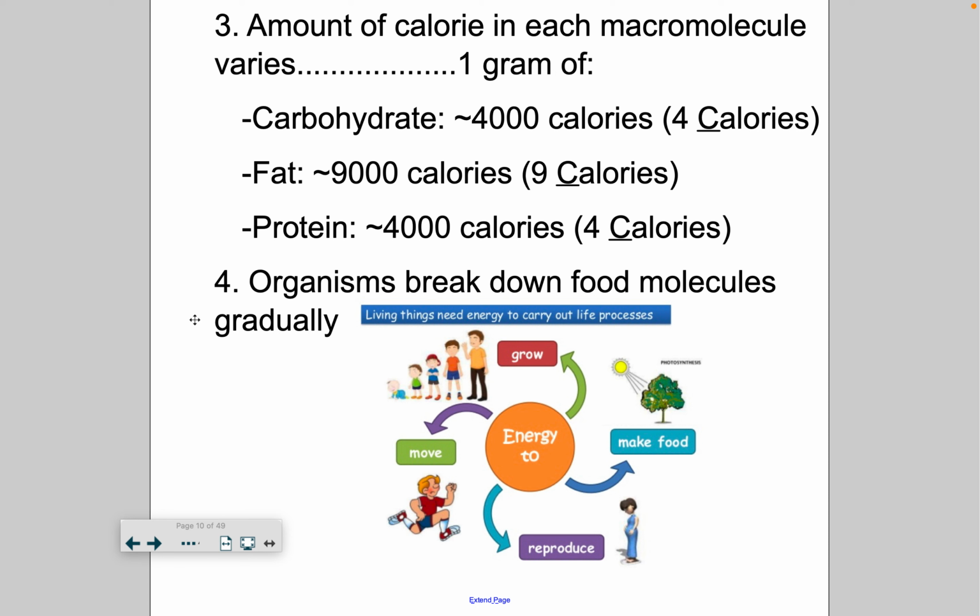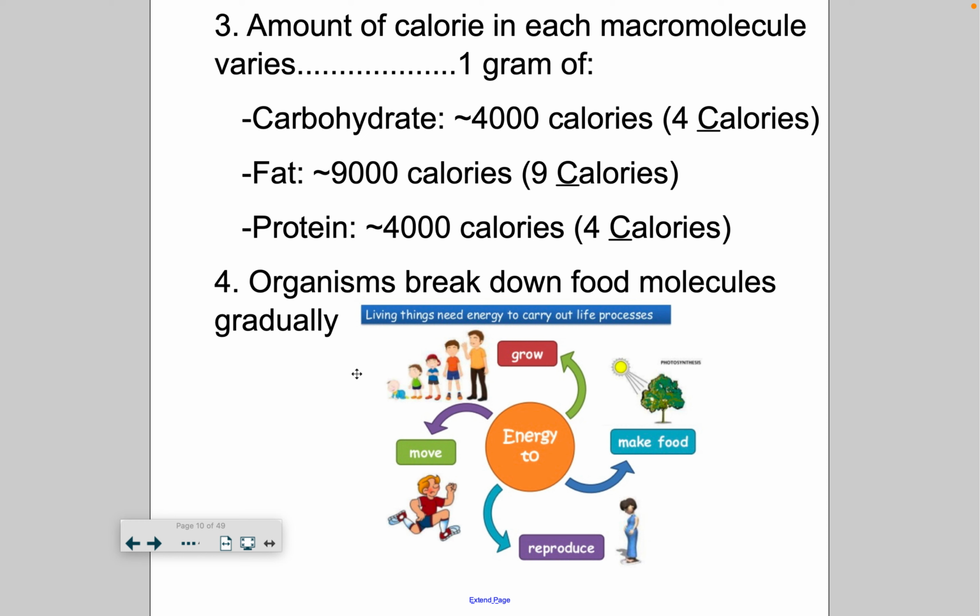A gram of a carb is roughly 4,000 calories with a lowercase c, or 4 Calories with a big C. A gram of fat is around 9,000 calories, so over double a carb, 9 Calories. Protein is about the same as a carb.